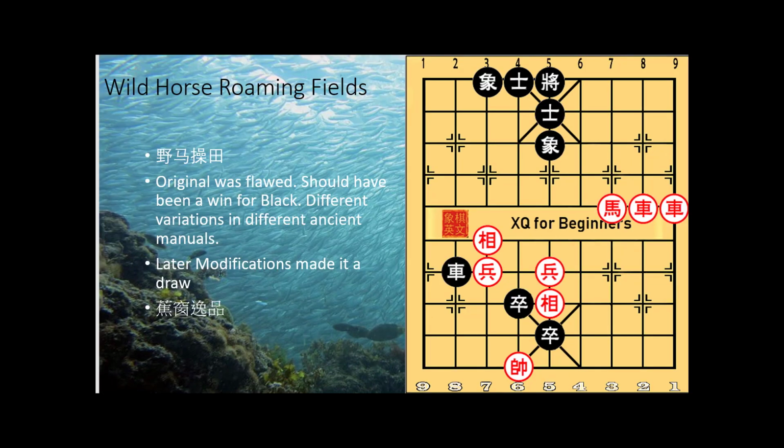The fourth and last, but not least, of the 4 greatest endgame compositions of all time would be the Wild Horse Roaming Fields endgame composition. There are 3 variations, whereby in one of the original versions there were no pawns here.